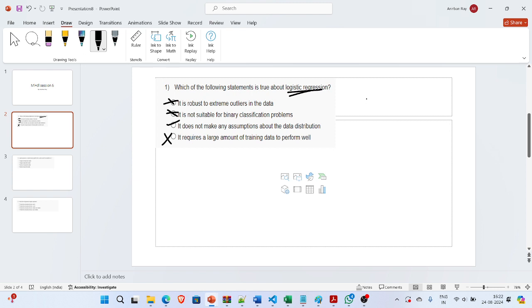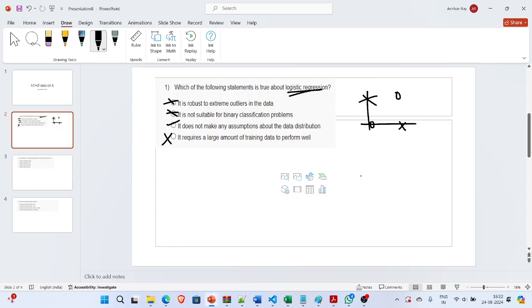Suppose binary classification is needed, but any classification problem which is non-linear, like suppose this one, you cannot separate them using a single straight line, right?